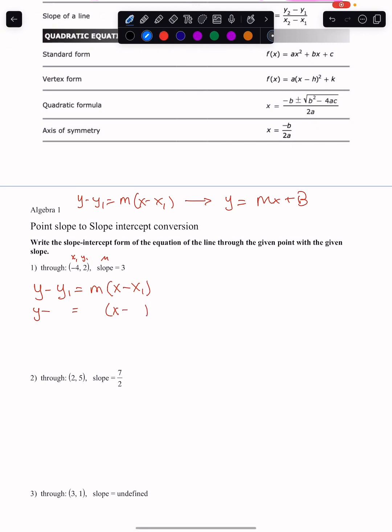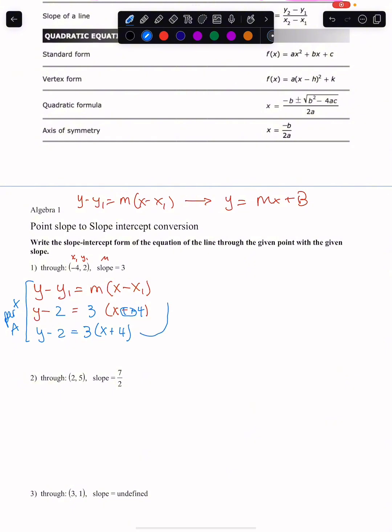That y1 is going to be 2, m is going to be 3, and x1 is negative 4. So y minus 2 equals 3 parentheses x plus 4. In class, this is where we stopped. We called this part A. The part B is going to be how we finish that.